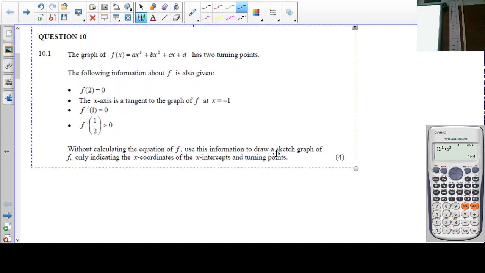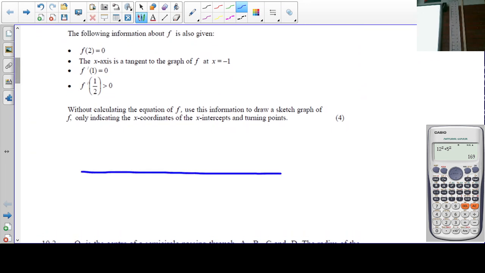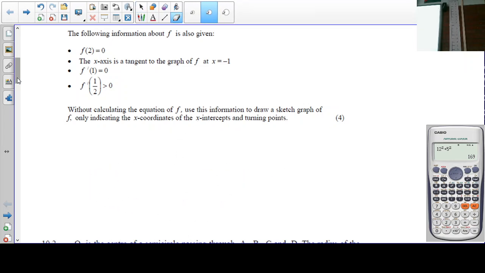So when I draw this here, we cut your x-intercept at 2. I'll make it a bit bigger because we've got halves and ones and so on.